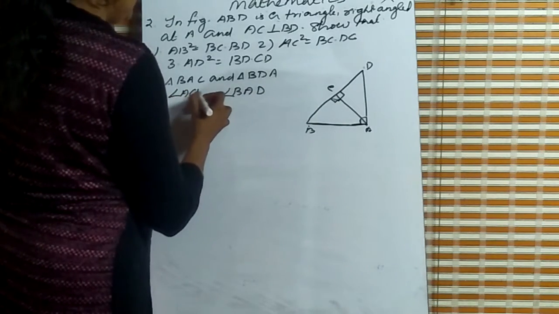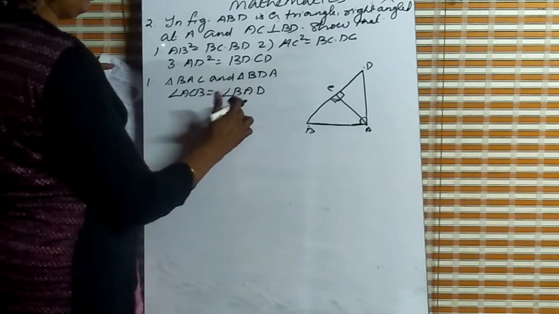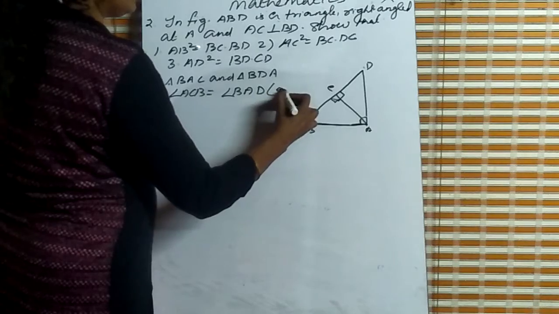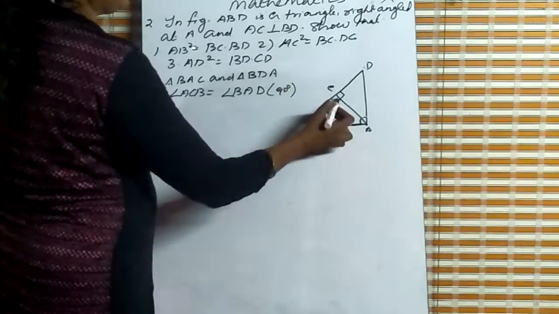Angle ACB is equal to angle BAD is equal to 90 degrees. Each is 90 degrees. That is given.